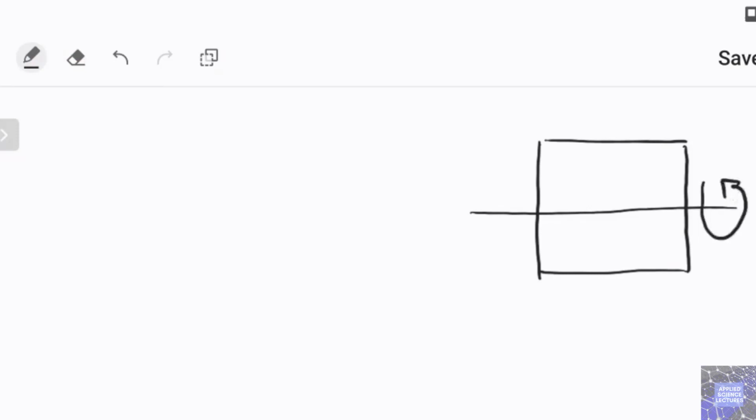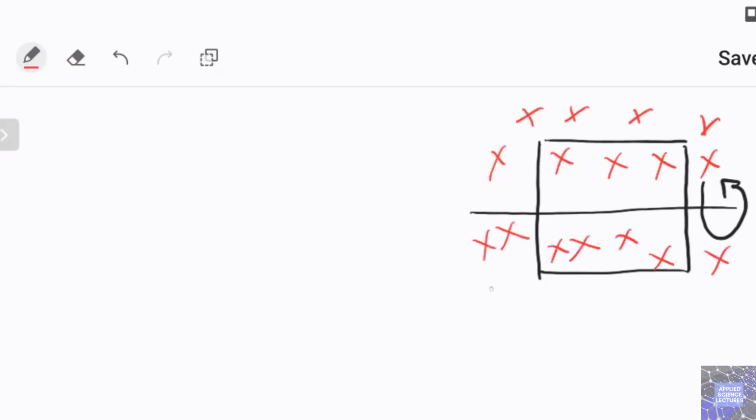So we have this square, it can rotate around this axis, the magnetic field is entering into the page.